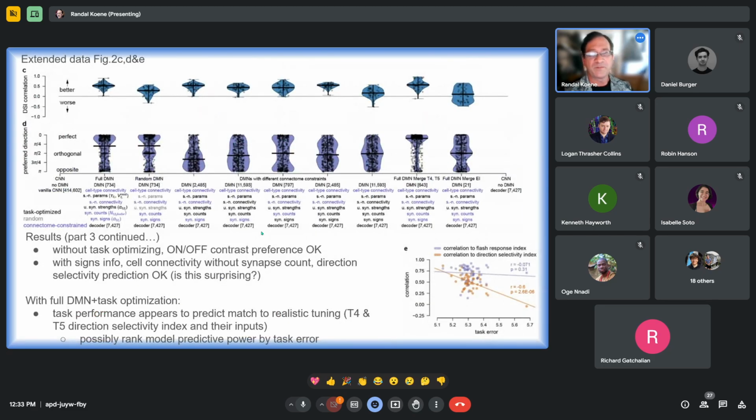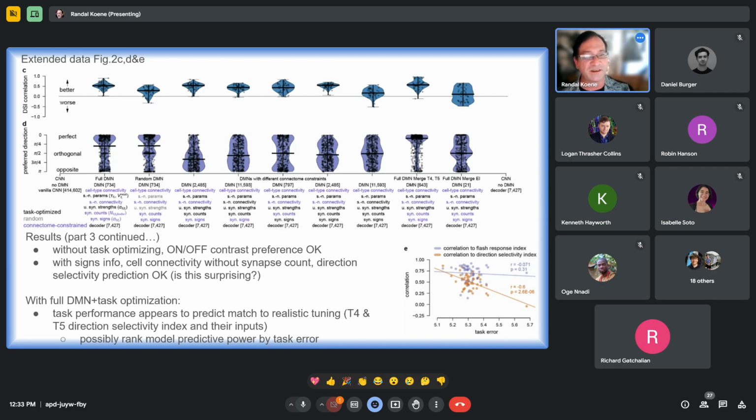In the extended data, figures 2C and 2D show the direction selectivity correlation and preferred direction and a few more additional details, like the number of free parameters in each case. Notably, direction selectivity could be predicted by task optimization of the DMN without constraining the synapse counts.